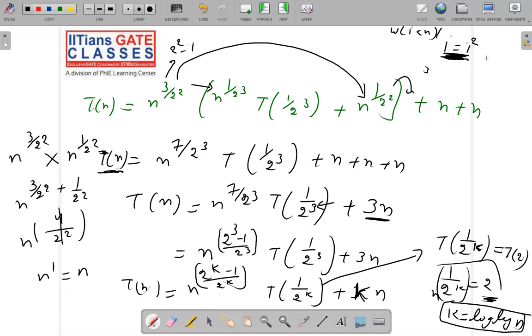Or we were doing something like n equal to n upon root 2, if we root n, right? Like if we are increasing the power, or we are dividing it by 1 by 2, or something like n equal to n by 2 at each iteration, we have to iterate log n time. So the k value will become log n.